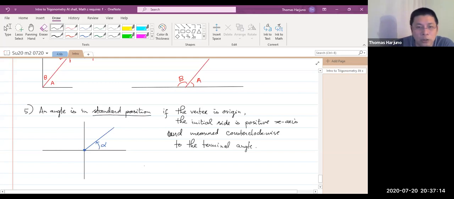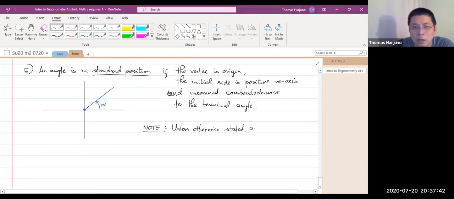Now here's a note. Unless otherwise stated, an angle in a coordinate system is in standard position.